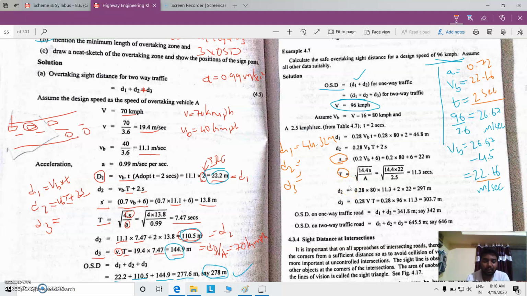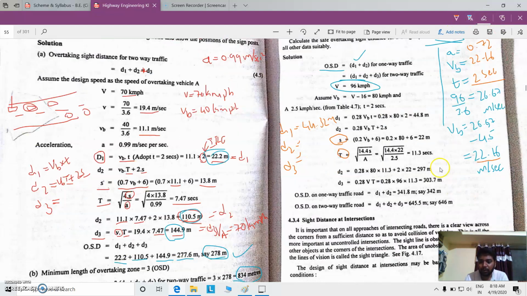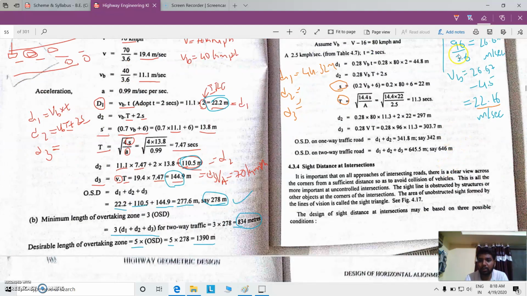To calculate distance d2 we should know s and t, which are calculated using the formulas. s is 0.7 into 22.16 plus 6, which is 21.52 meters.